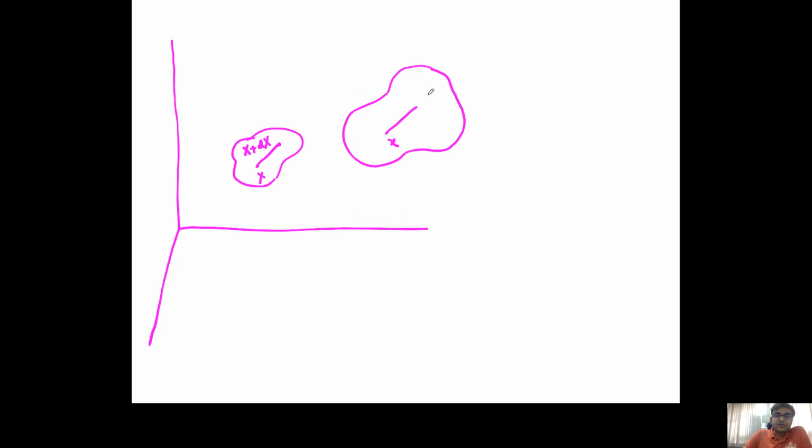So this point is now my small x plus dx. Now what is the value of this point that I have not shown? This point is y, you can say, and this point is small y, right?